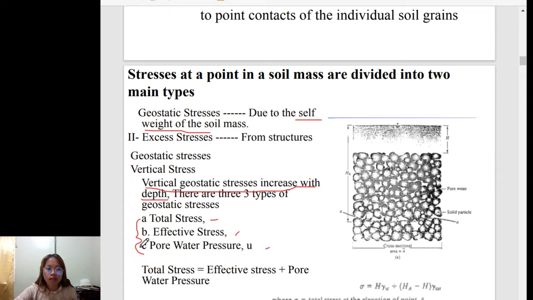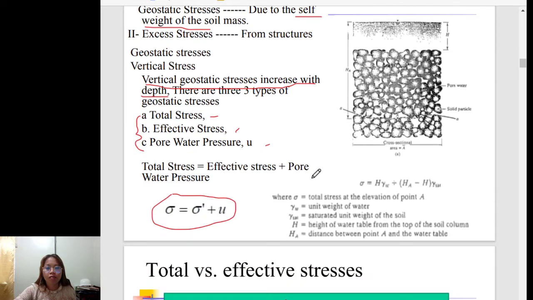The total stress is equal to the effective stress plus the pore water pressure, expressed in this equation.